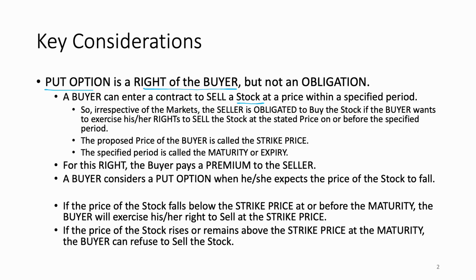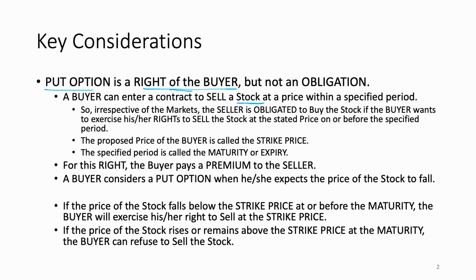So if we use the stock as an underlier, and a buyer wants to sell a stock at a price within a specified period, then the buyer has the right to make a sale or not to make a sale. However, the buyer is not obliged that if he enters into this contract, he must definitely make the sale. So here the buyer has the right but not the obligation.